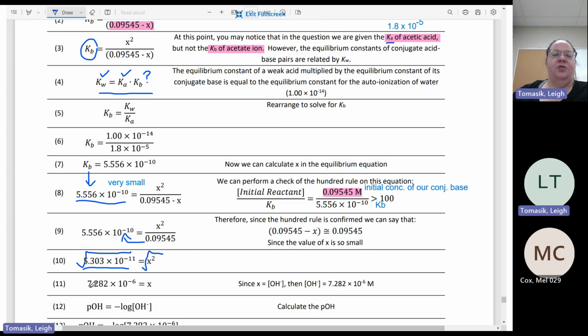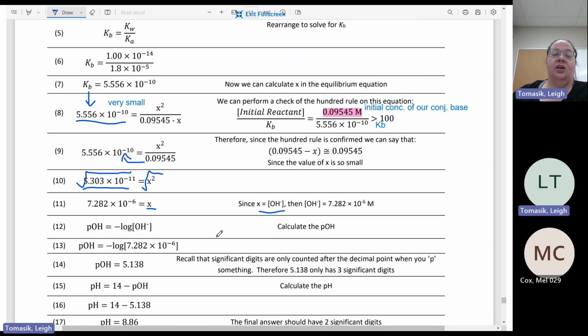And we end up with 7.282 times 10 to the negative 6, which is x. That x is equal to the concentration of hydroxyl ions, right? So the concentration of hydroxyl ions is that number that we just calculated. We can use the concentration of hydroxyl ions to find the pOH, right?